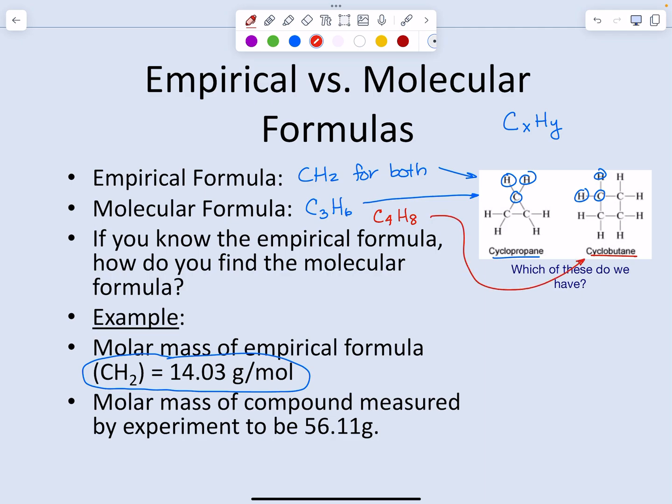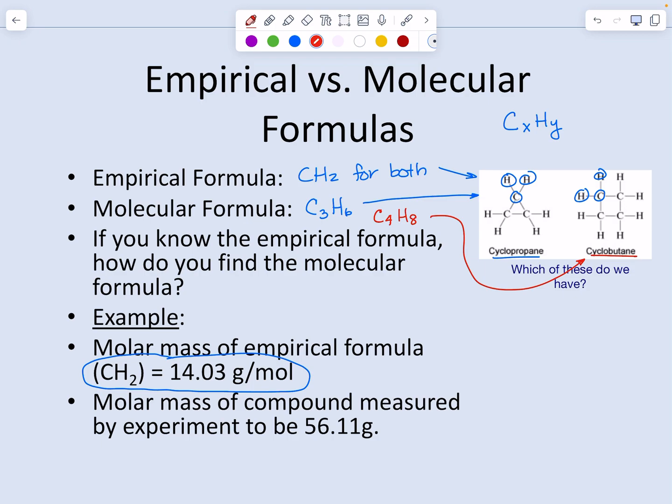If we did an experiment where we just determined percent composition, we would get the same empirical formula for both of these compounds, but they are not the same chemical. Do we all agree they're not the same chemical? They certainly don't behave the same way.